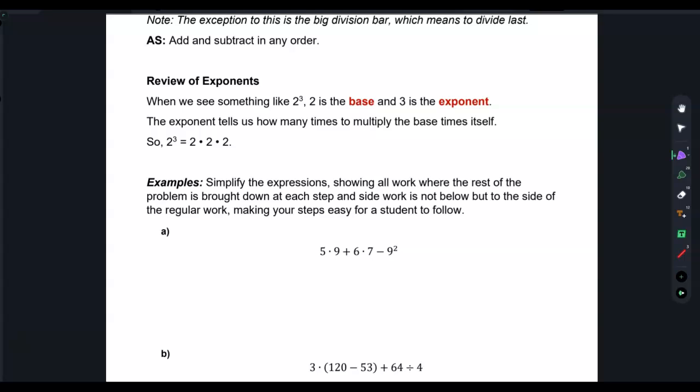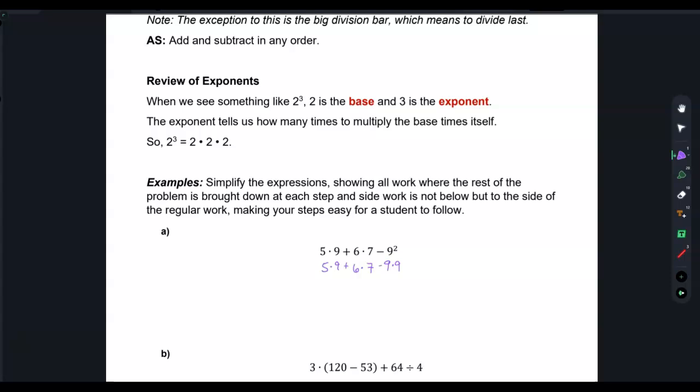If you decide that you want to show some work, and it just depends on what group of students you're showing this to, if they would need to see that or not, right? So if I wanted to show 9 times 9, and that's how I'm getting 9 squared, or 81, and you're going to put it below, then you're going to need to bring everything else down.